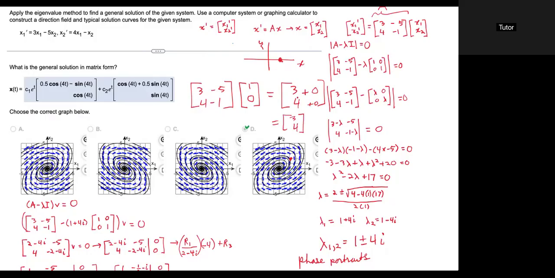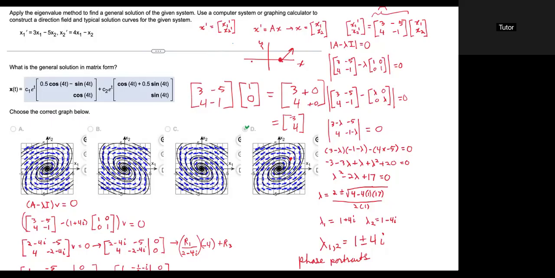So we know that the vector at 1, 0 is going basically 3 units to the right and 4 units up. So about this way.